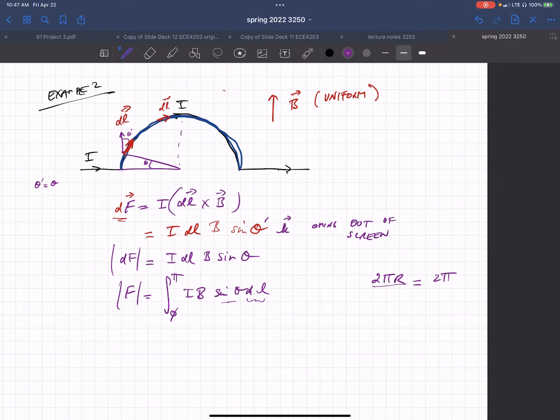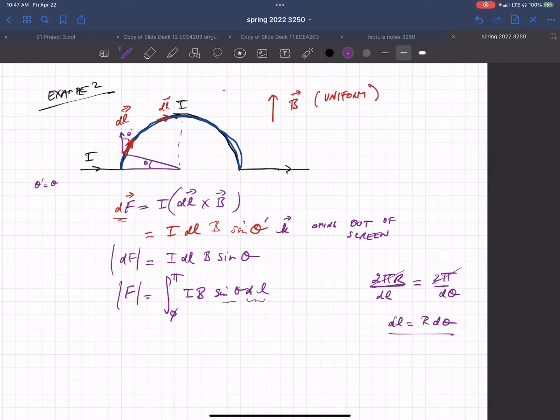If 2 pi r is the full distance, 2 pi, then this little wedge, this dl, follows that ratio. So we can get rid of the 2 pi's. I don't know if I explained that really well, but dl is r d theta.